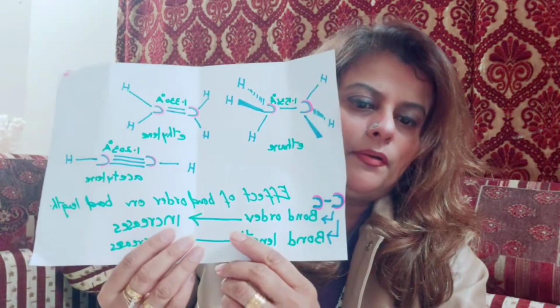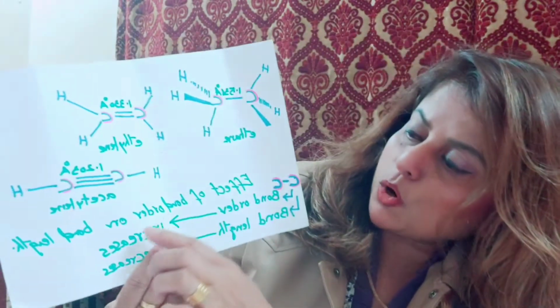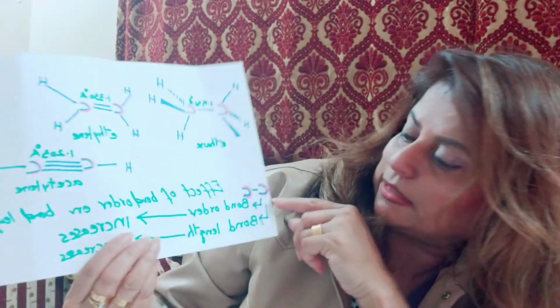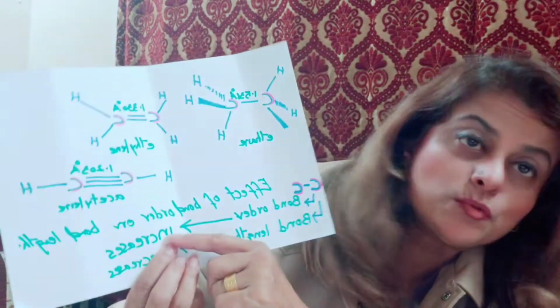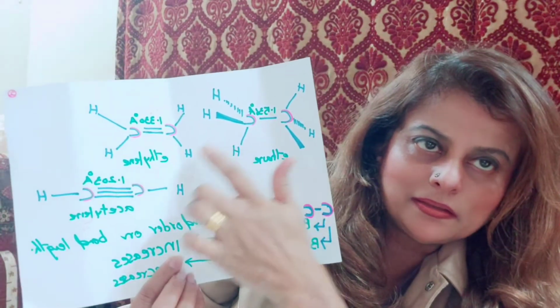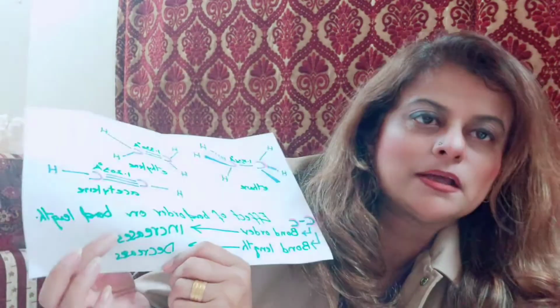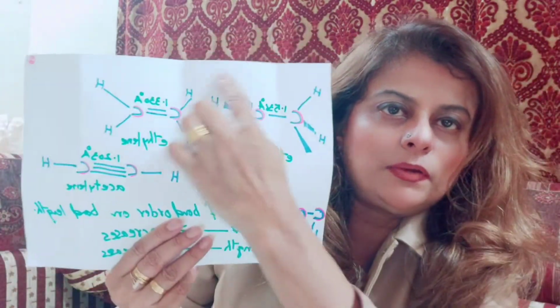Okay, so here I've also written simply the effect of bond order on bond length, that is, as the carbon-carbon bond order increases, it always increases. The bond order increases. Okay, how and when does the bond length decrease?